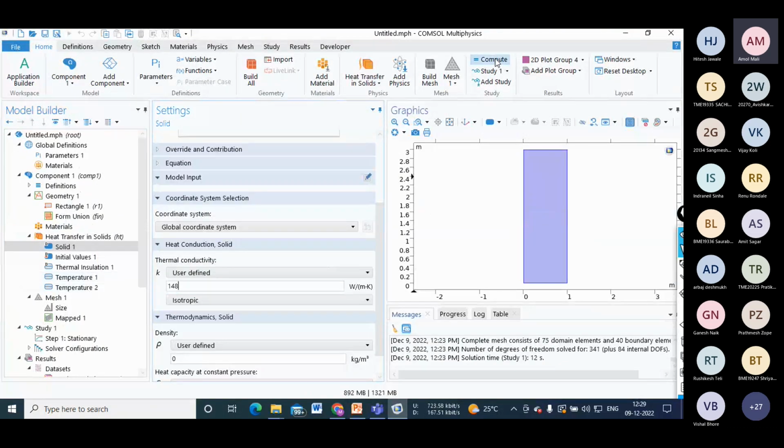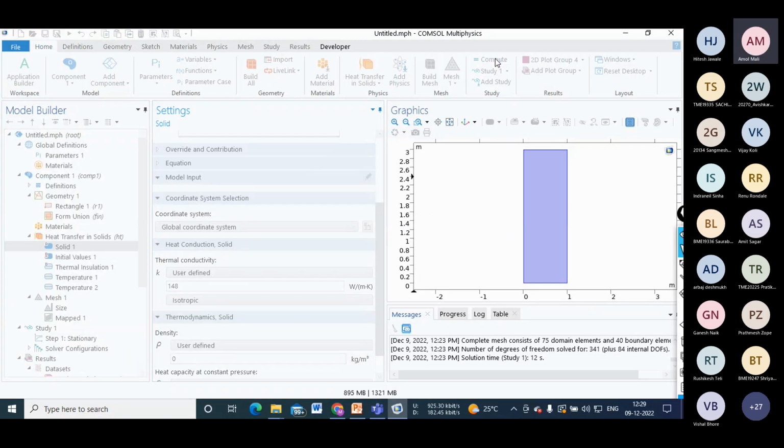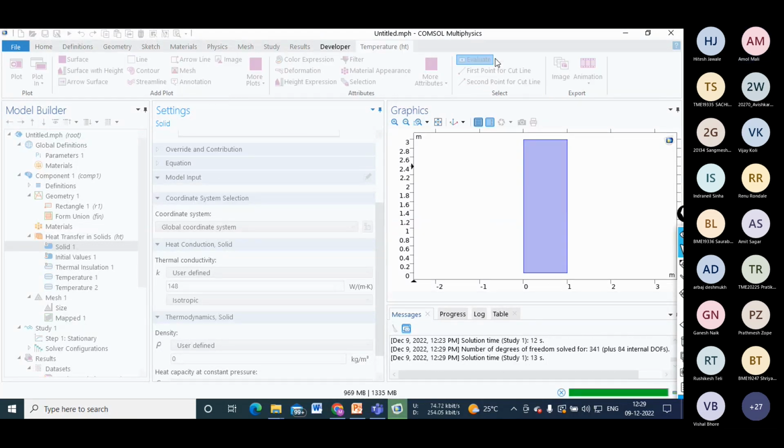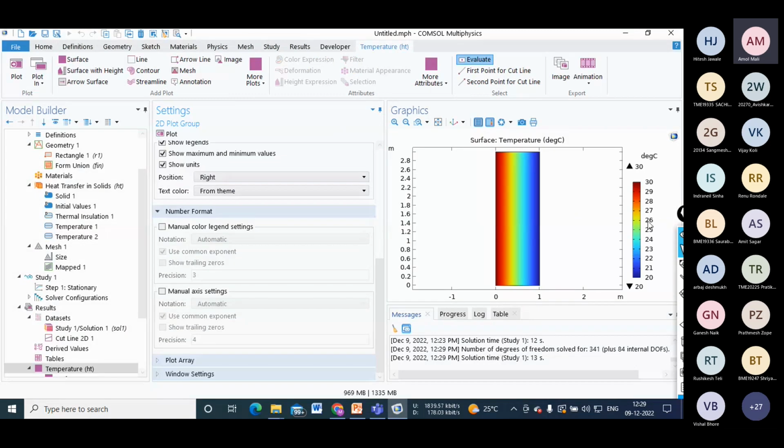Okay, and we'll compute it again. Same problem, but different thermal conductivity.